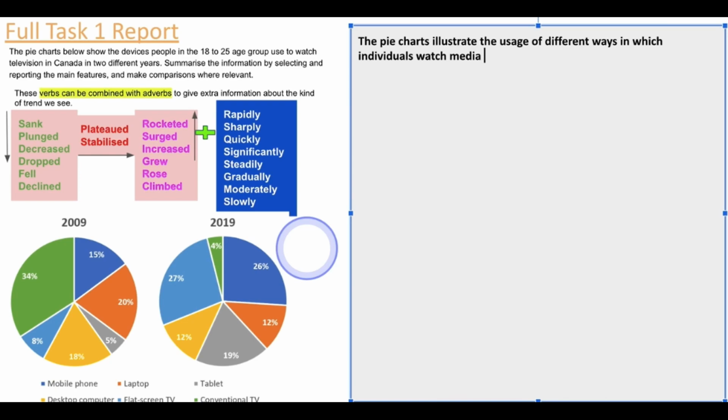We could say maybe media. In the 18 to 25 age bracket in Canada.